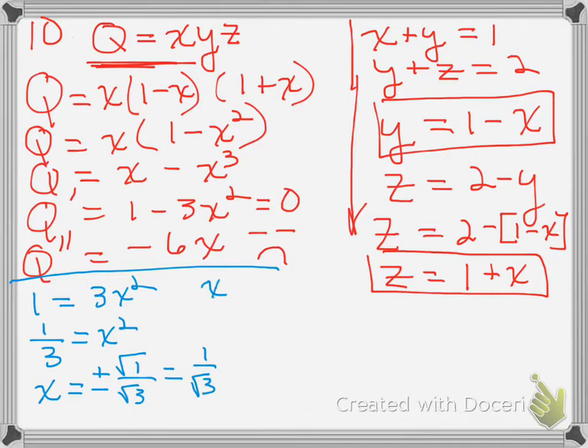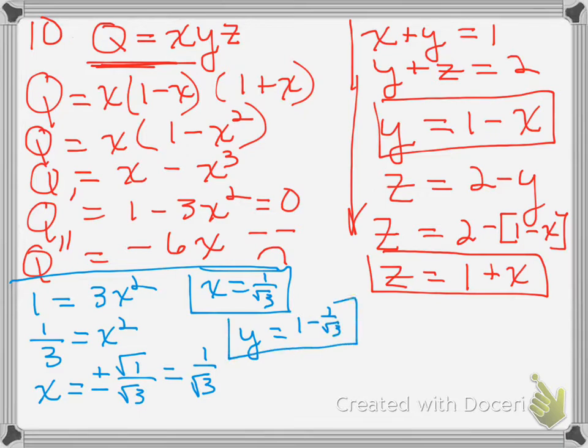So far I have x equals 1 over root 3. That's my exact value. What does y equal? Well, y equals 1 minus x, so y will be 1 minus 1 over root 3. And then look what z is. z is 1 plus x, so that's 1 plus 1 over root 3.